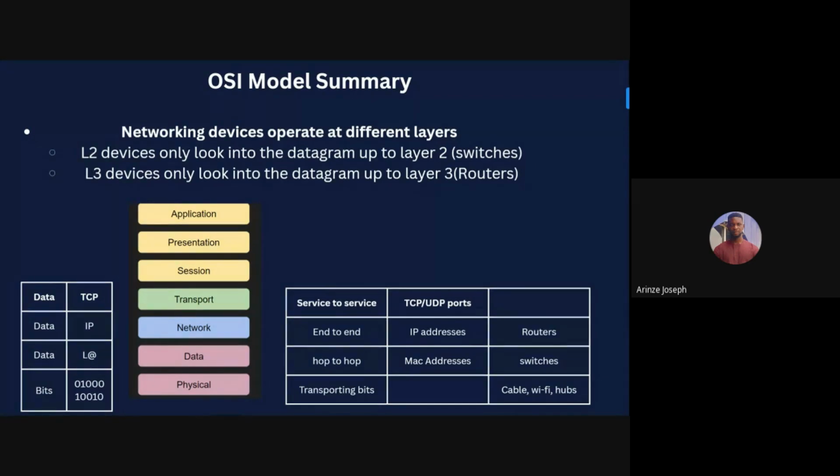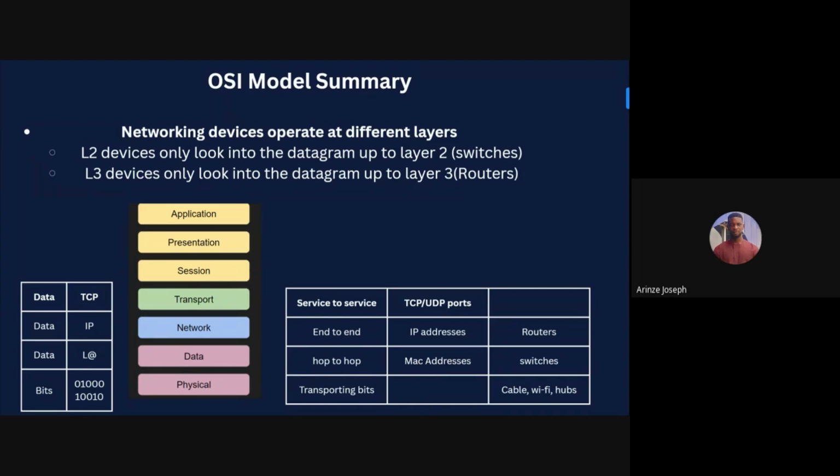It is a function that is specifically for switches. Then there's the network layer, which deals with IP addresses and routers. There are some routers that also perform the job of layer 2 and layer 3. Then there is the transport layer, which is service to service ports, and it makes use of TCP, which is a connection-based protocol, and UDP, which is a connectionless protocol.